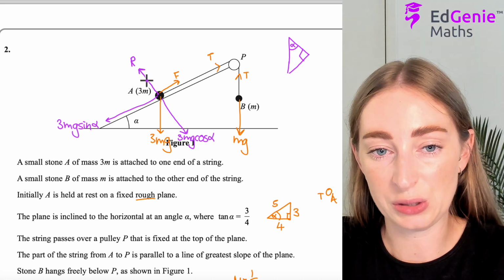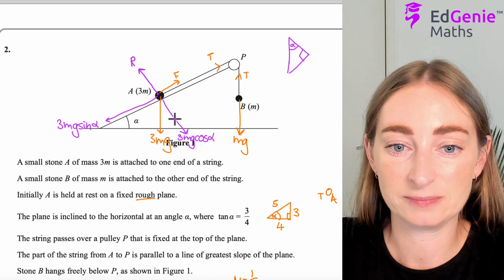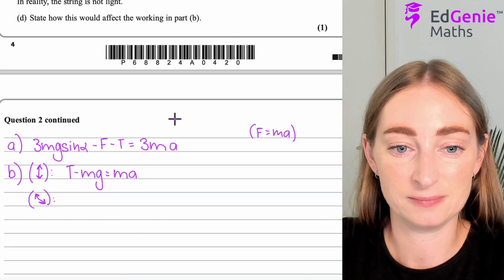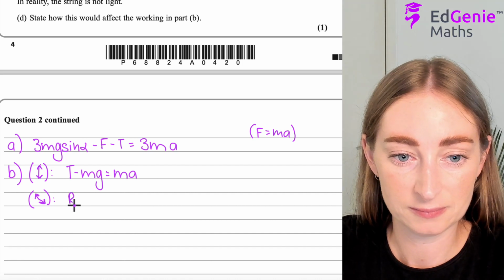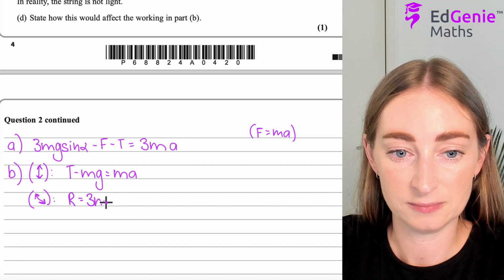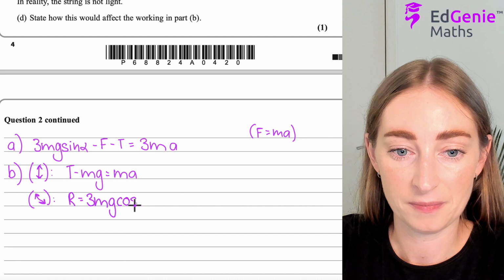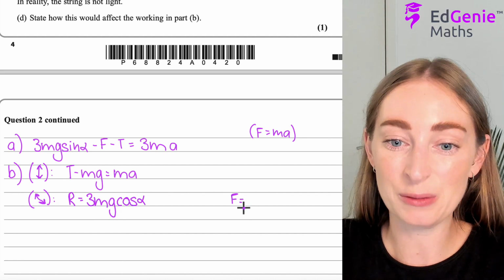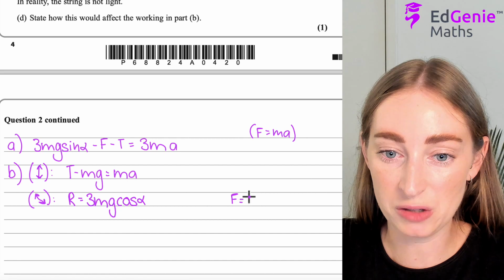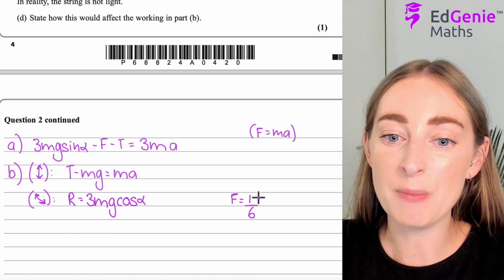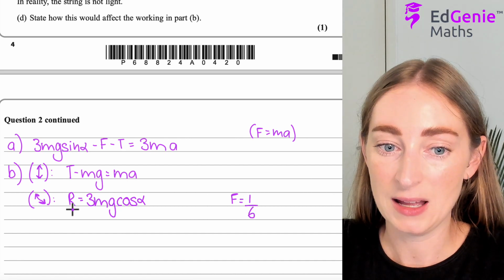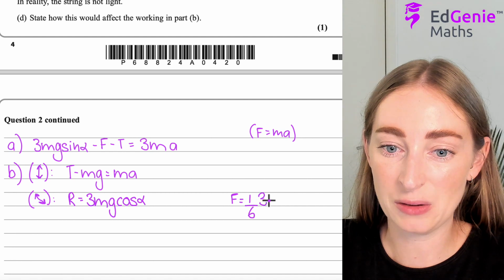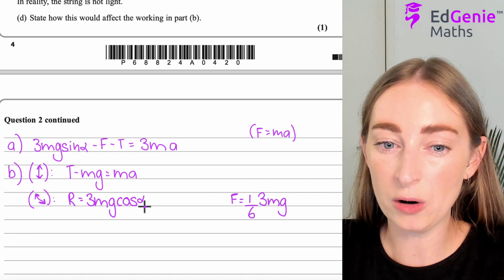So these two must be equal. But we also know that F equals our coefficient of friction, which was 1/6, multiplied by R. And R, we now know, is 3mg cos of alpha.